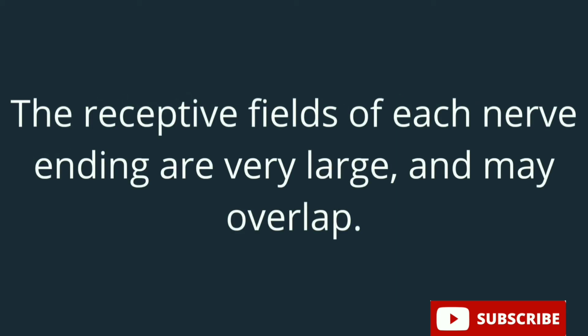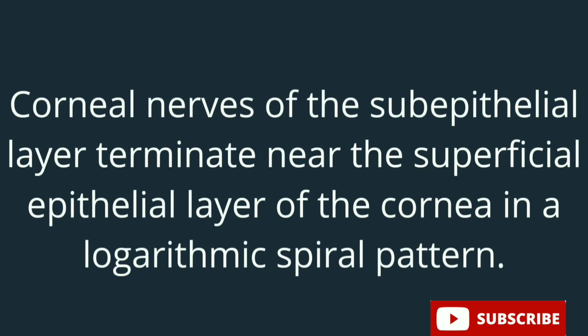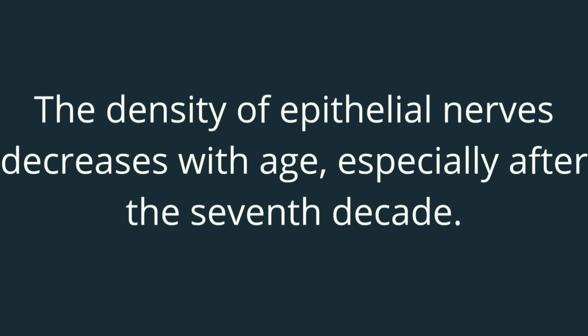The receptive fields of each nerve ending are very large and may overlap. The corneal nerves of the subepithelial layer terminate near the superficial epithelial layer of the cornea in a logarithmic spiral pattern. The density of epithelial nerves decreases with age, especially after the 7th decade.